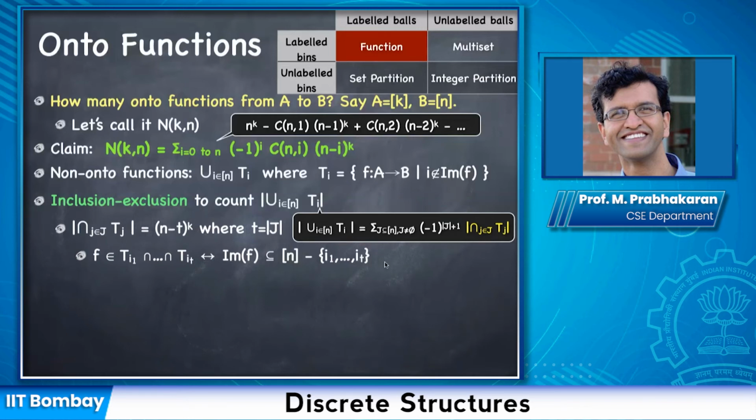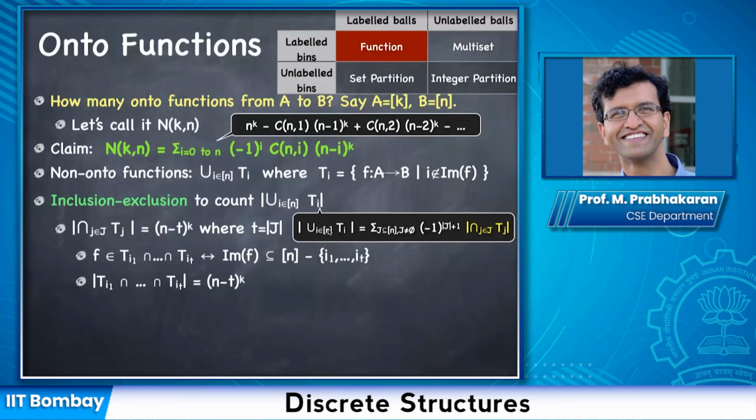And how many such functions are there? That's the number of functions from A to a codomain of size n minus t, which is (n minus t) to the power k. This is just counting the total number of functions from a set of size k, namely A, to a codomain of size n minus t, namely excluding I_1 to I_t. So that's the size of this intersection.